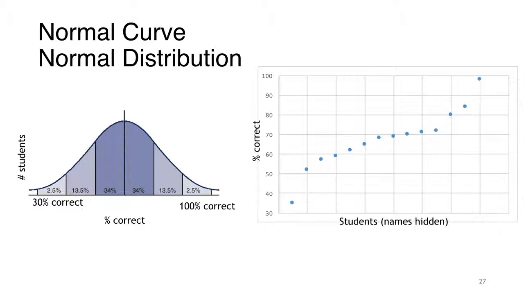Each dot would represent a person and their percentage correct. Let me repeat then: the normal curve is counting and representing the number of people who scored each score. It is not the same as graphing out the scores that the kids got. That would look like the one on the right.